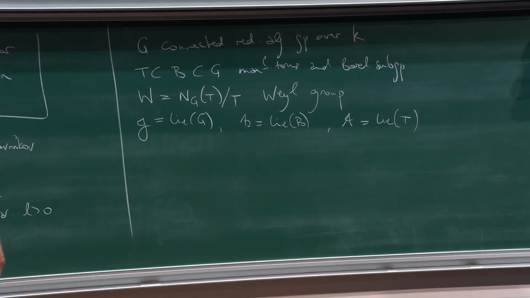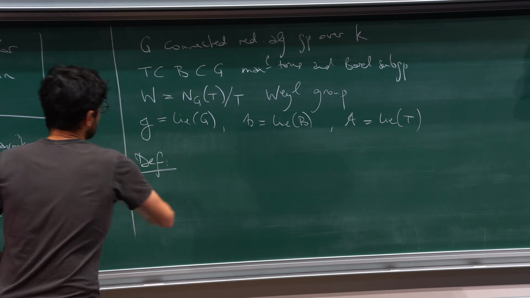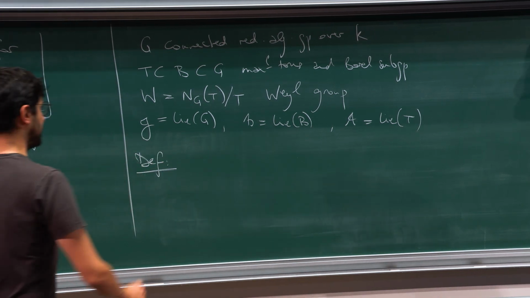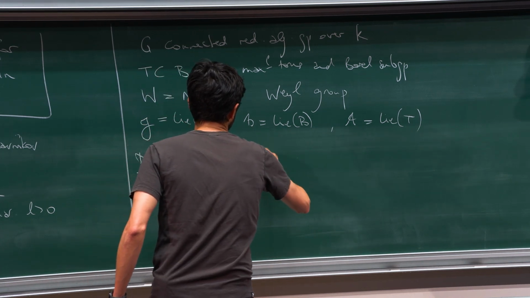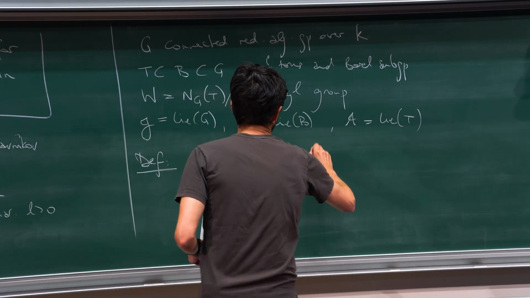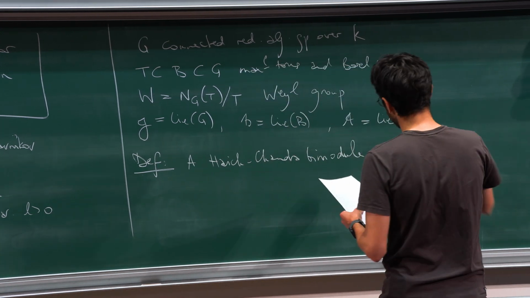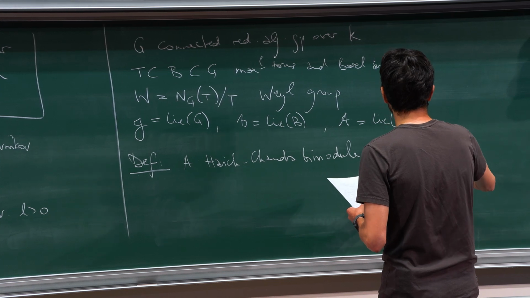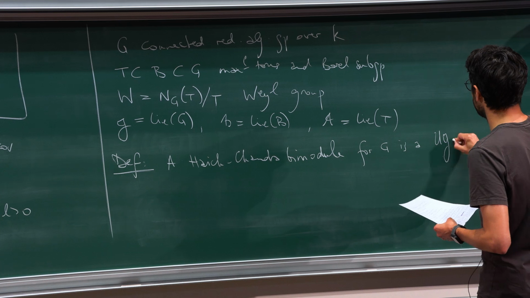So the main objects of study are Harish-Chandra bimodules, and in this setting, a Harish-Chandra bimodule attached to my group G is a bimodule for the enveloping algebra of my Lie algebra.